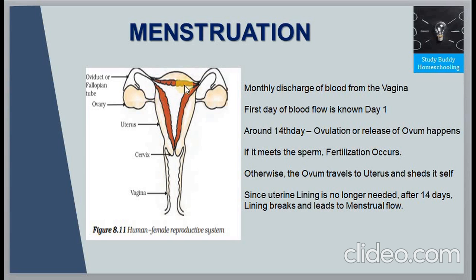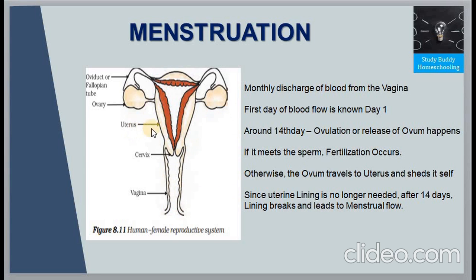You have to remember that the first day of periods is considered day 1, and on the 14th or 15th day ovulation happens. That's when the ovum is released, and 14 days from ovulation this disintegration of the uterine lining happens. So totally 14 plus another 14, 28 days. After 28 days the menstrual flow starts again in case the sperm doesn't reach.